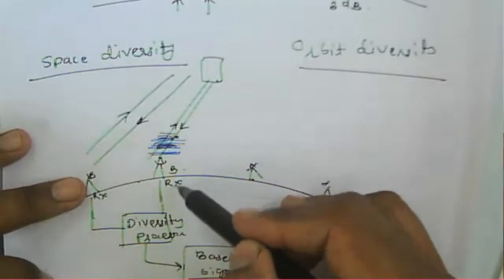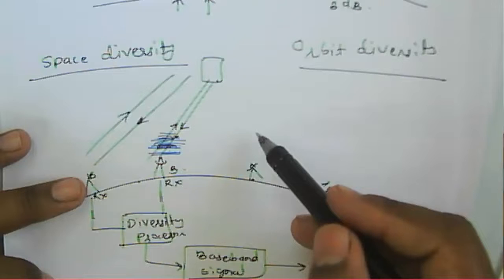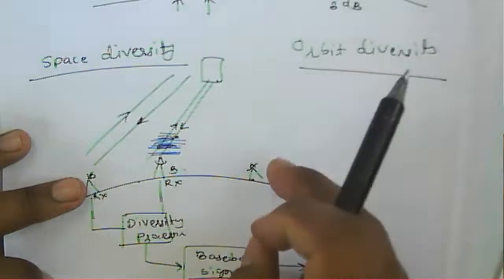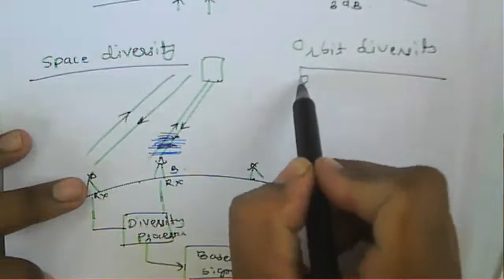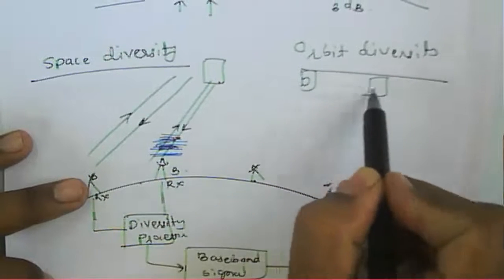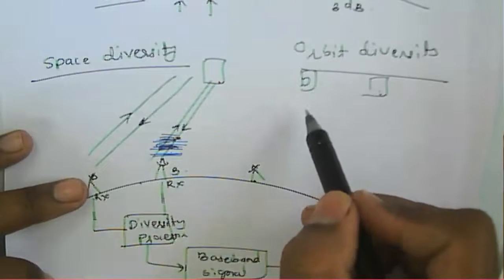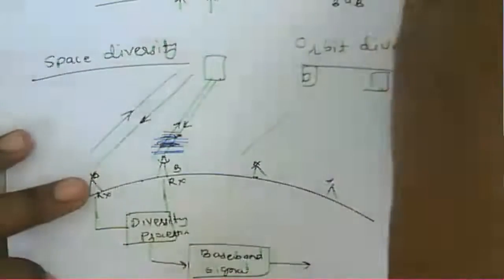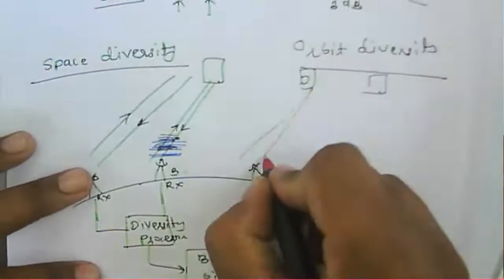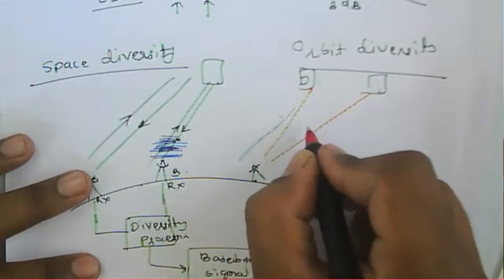There will be a separation between the two satellites, so when a signal is received by the Earth station from one satellite and from the other satellite, there is a path difference now.